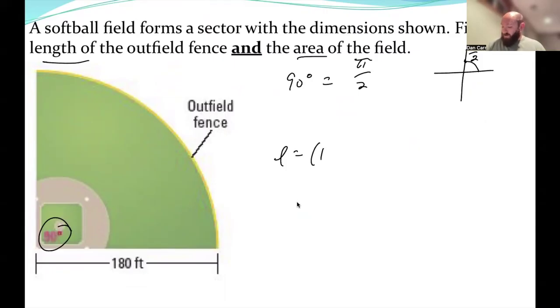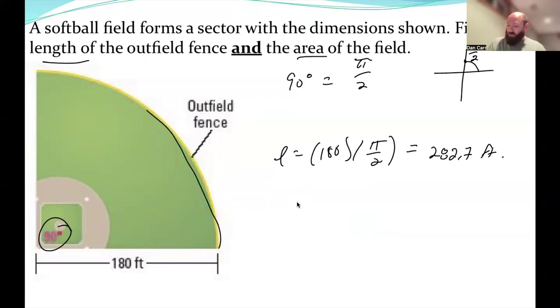So that r in this case is going to be 180 times my theta, which is pi over 2. I put that in my calculator and I get 282.7 feet. So that is how far it is to run along the outfield fence.